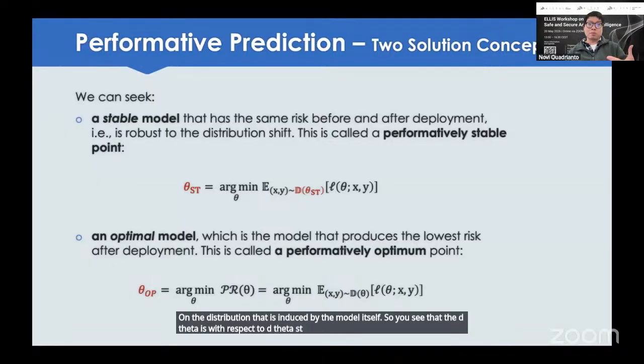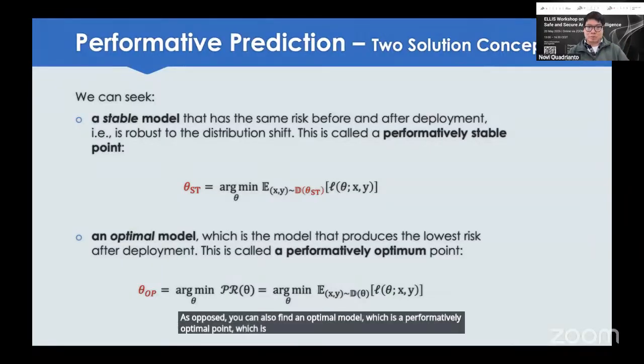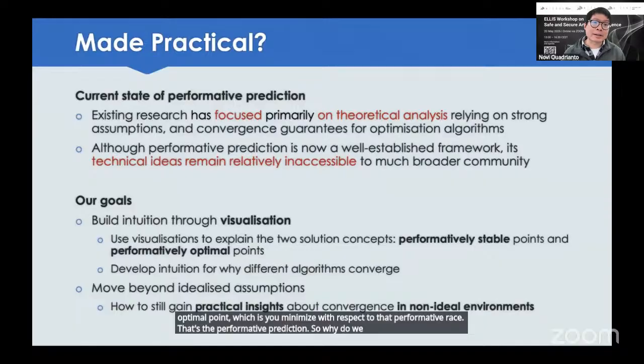When you find the minimum on the distribution that is induced by your model, that solution will be a stable solution. As opposed to that, you can also find an optimal model, which is a performatively optimal point, where you minimize with respect to the performative risk. That's performative prediction. So why do we need to make it practical? This seems to be a great framework.